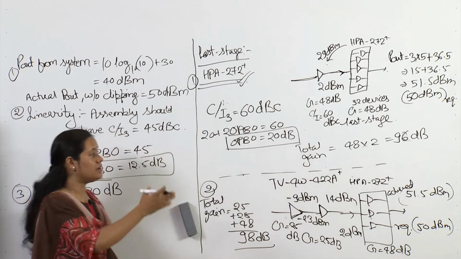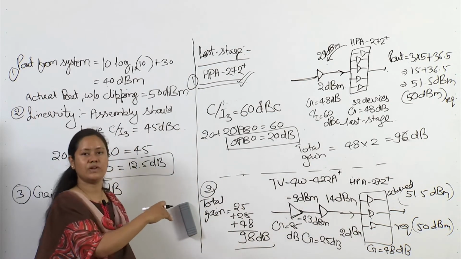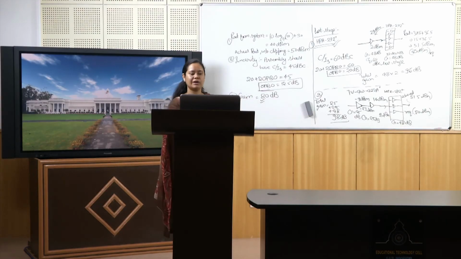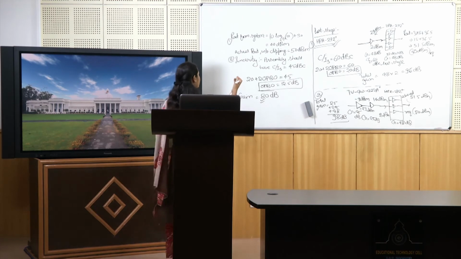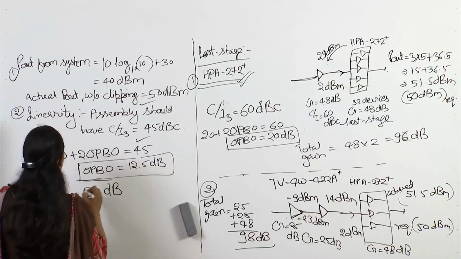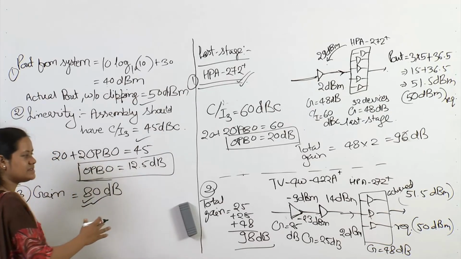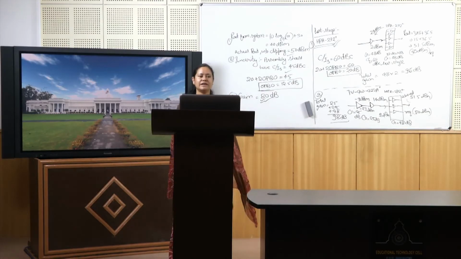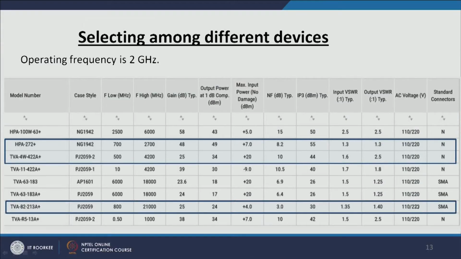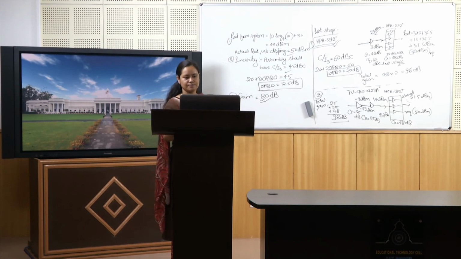So as you see, by selecting different devices you will have different solutions. So the first requirement is to qualify your criteria of P out, of linearity and gain, and once it is done, then you can select your device based on the cost of each of these devices. The cost is not reflected here, but in actual life when you are making your setup, you can select these devices based on your cost value also.